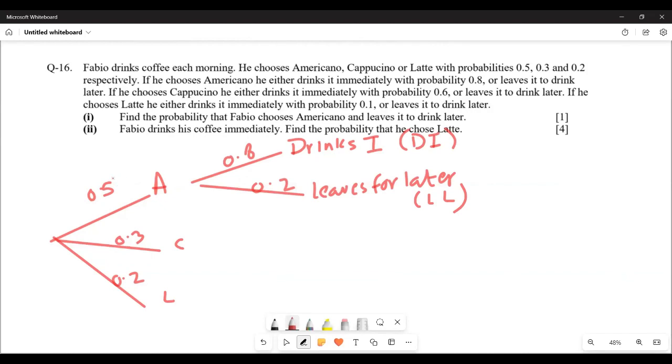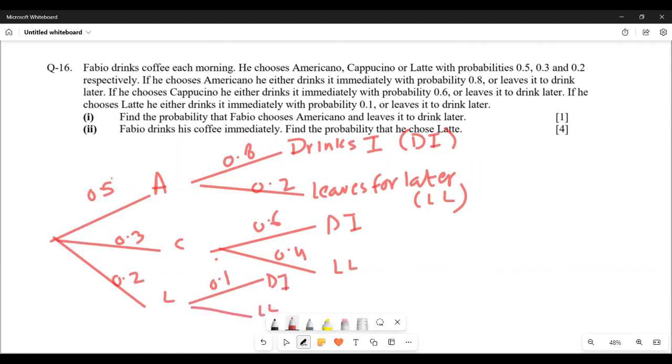Okay. If he chooses cappuccino, he drinks it immediately with a probability of 0.6. That means he leaves it for later with a probability of 0.4. And if he chooses latte, he drinks it immediately with a probability of 0.1, and leaves it for later with a probability of 0.9.